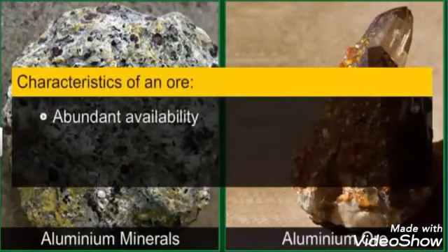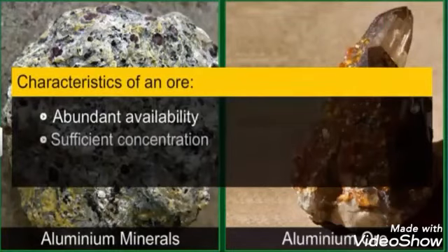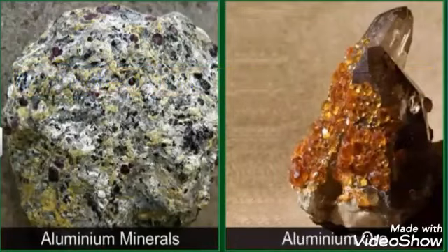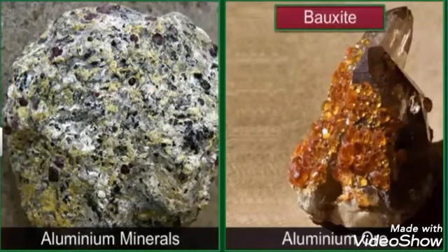Abundantly available minerals that offer sufficient concentration of an element and a commercially viable process of extraction are called ores of that element. Thus, bauxite is an ore of aluminium.